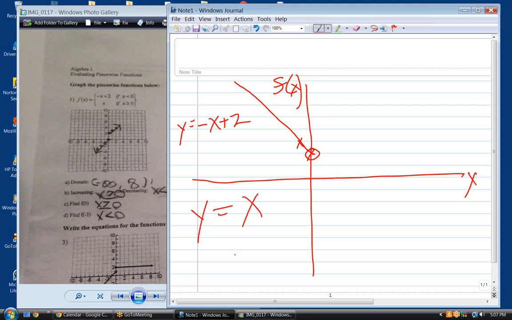Where does that begin and what is the slope? It starts at 0 and has a slope of positive 1. Is it a closed dot at 0? Yes, closed. How do I get another point on that line? Go up 1 and over 1 to the right. Right there, and it stops right there. Arrow there, arrow here.